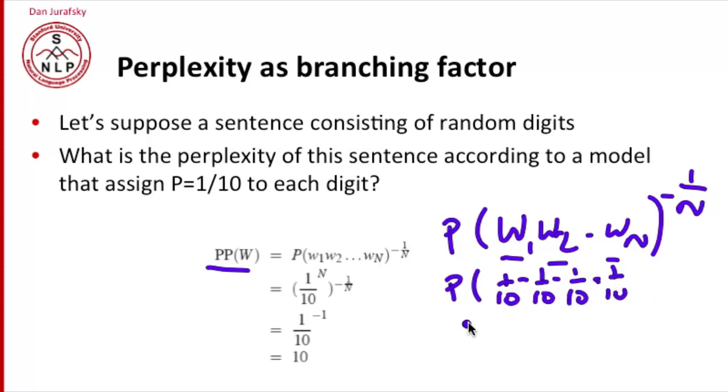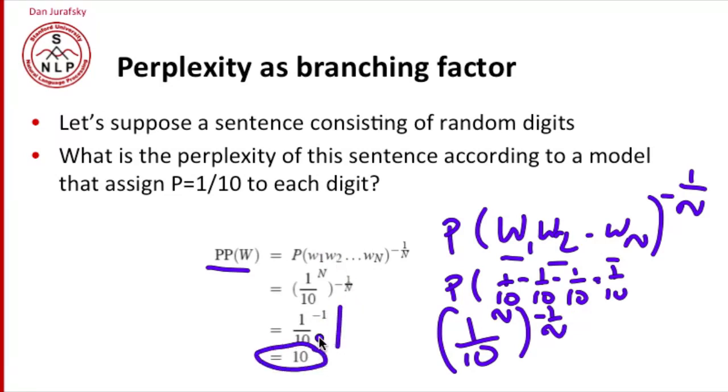So that's 1/10 to the n, because there were n words, to the -1 over n, and the n's cancel. We get 1/10 to the -1, or we get 10. So by thinking about perplexity as the normalized probability of a long string, we can see the intuition of the average branching factor: by normalizing for the length, we're asking how many things can occur at each time, weighted by their probability.